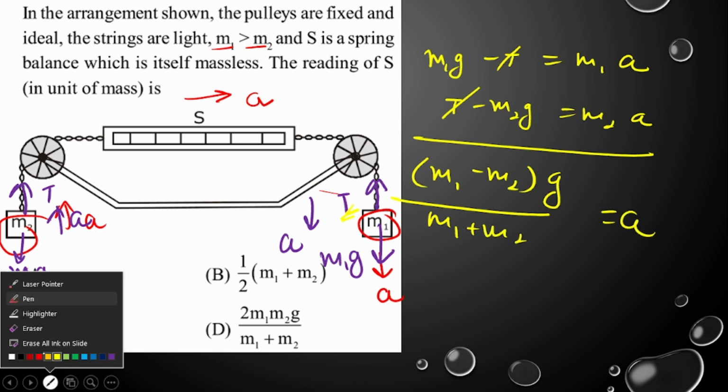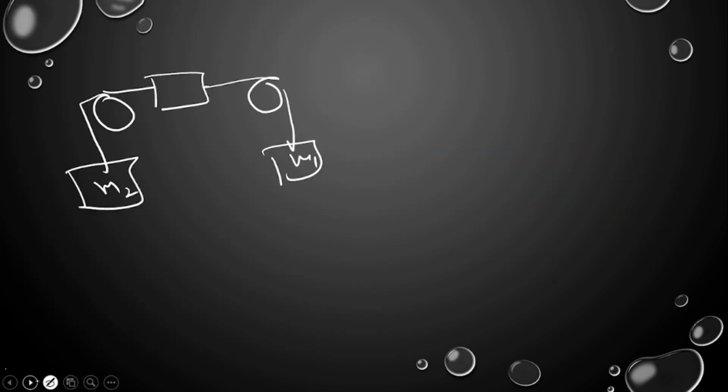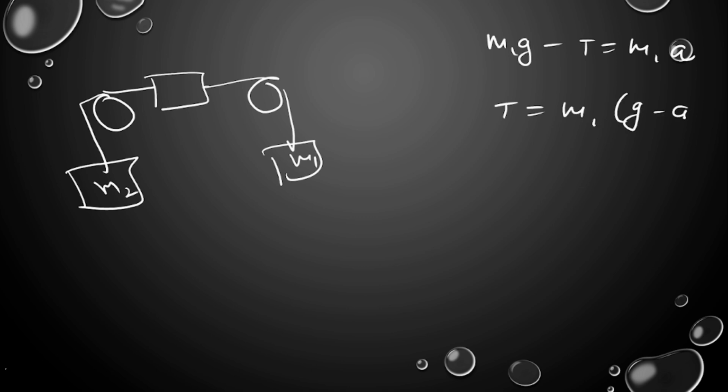This is the acceleration. What is the reading of spring balance? That will be the tension. For tension we are using this equation and putting the value of a. The equation was M1g minus T equals M1a, so the tension is M1 into (g minus a), and the acceleration was, if you are aware, (M1 minus M2) g upon (M1 plus M2).